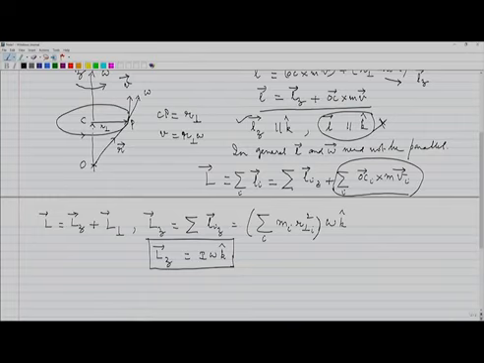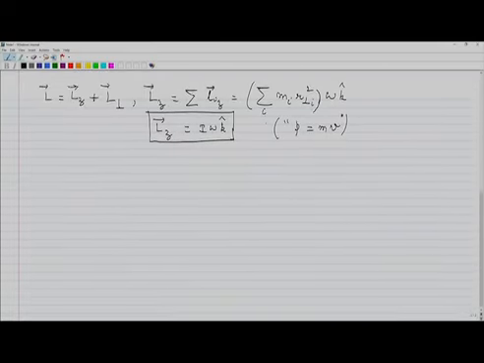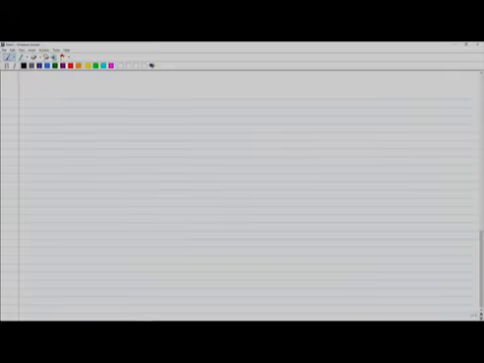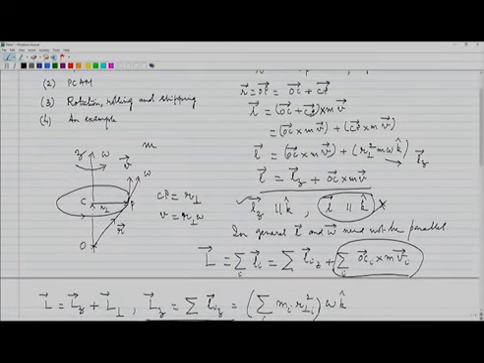So this equation reminds us of something, a bell should ring in our mind. It is similar to P equals mv in the case of linear motion. In the case of symmetric rigid bodies, for every particle which has a velocity v_i, there is another particle with a velocity minus v_i.